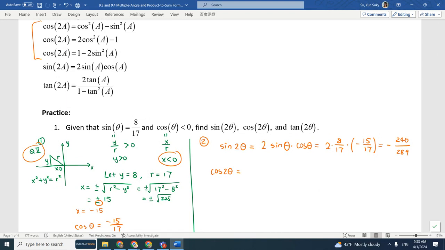Okay. So we got 2 cosine theta square minus 1. Is that okay, everybody? So we have 2. What's cosine theta? Yeah. And we square it and subtract 1.